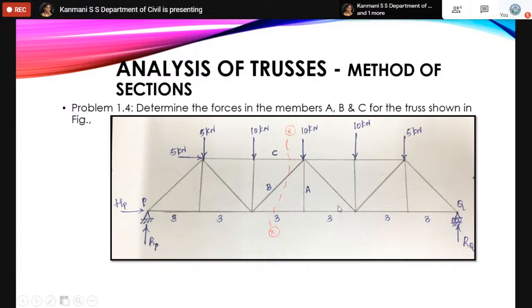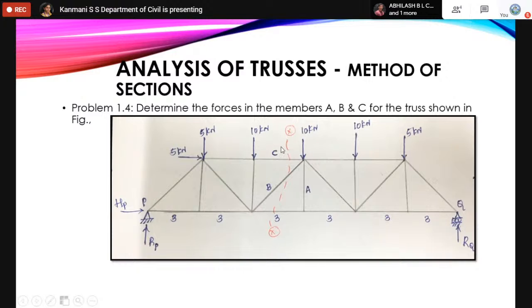So in that case, we have to solve this twice or thrice. If they ask for 1 member here, 1 here, 1 here, then ultimately you have to put 3 sections. This is a quite tricky question. Of course, when this type of question is asked in GATE, you have to think before starting the problem.